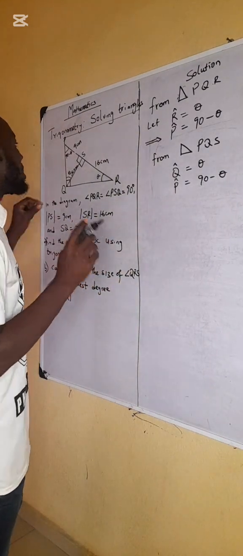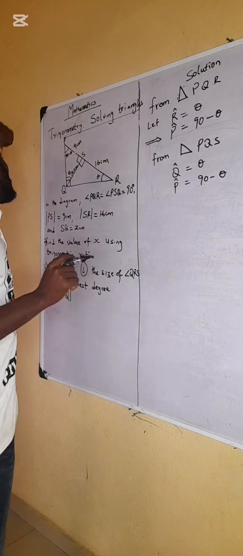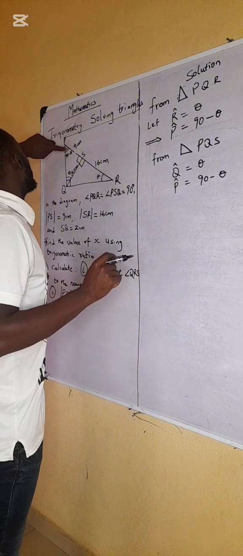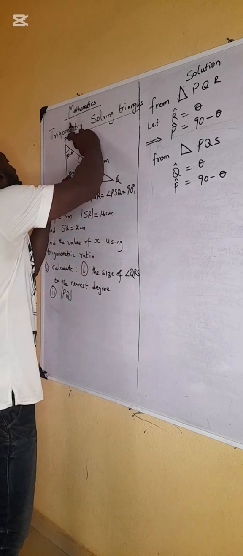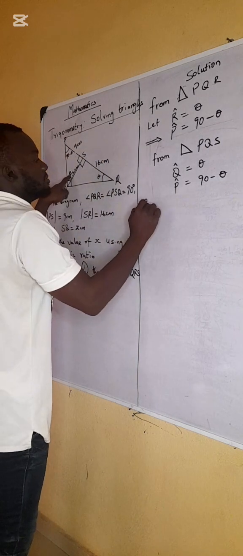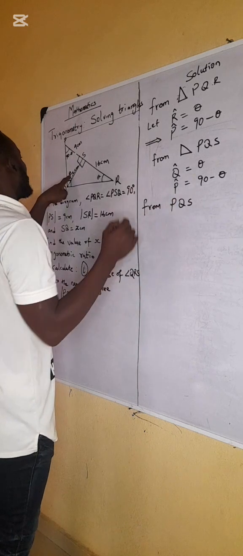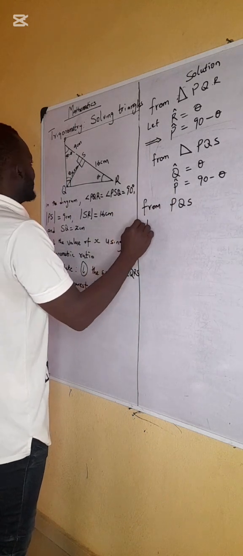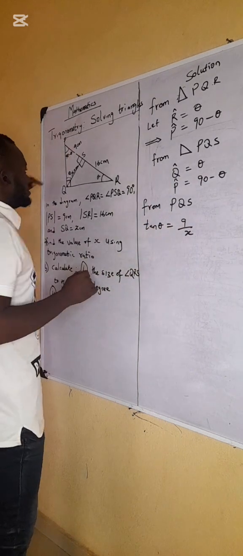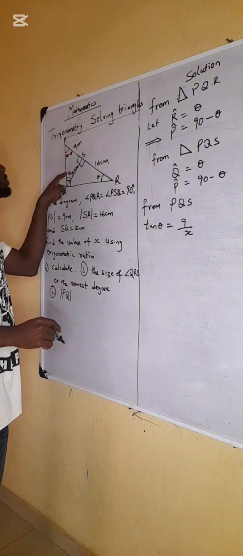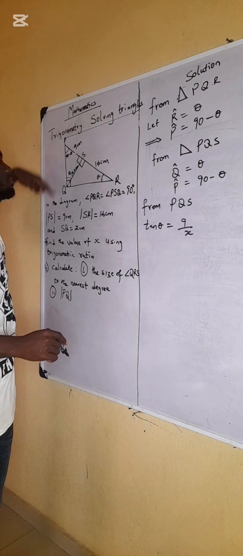Now with that, we can get a ratio that contains X. From triangle PQS, tan theta is the same as 9 over X, because 9 is opposite theta and X is adjacent to theta. PQ is the hypotenuse.